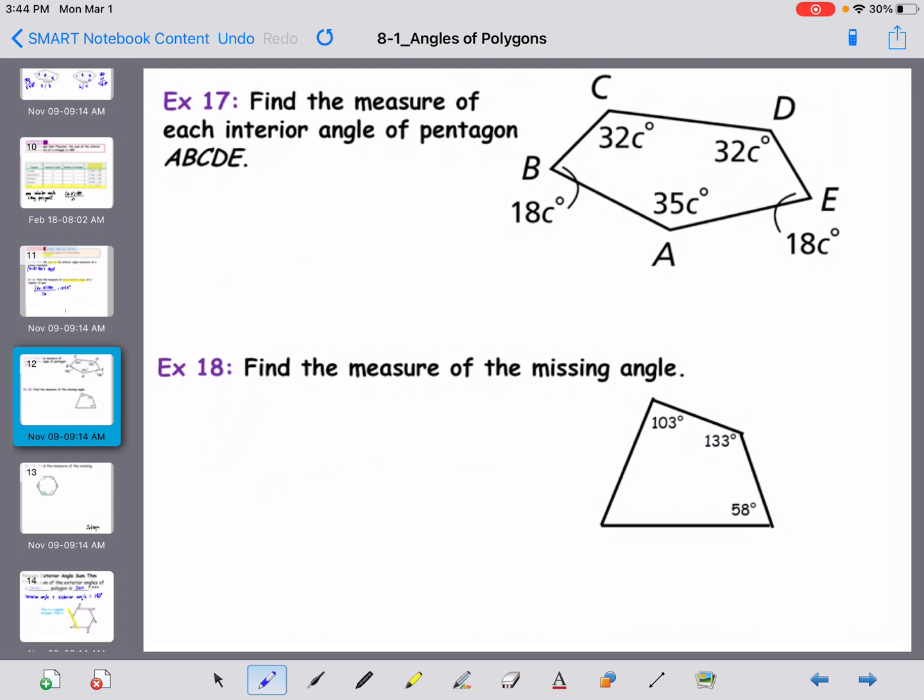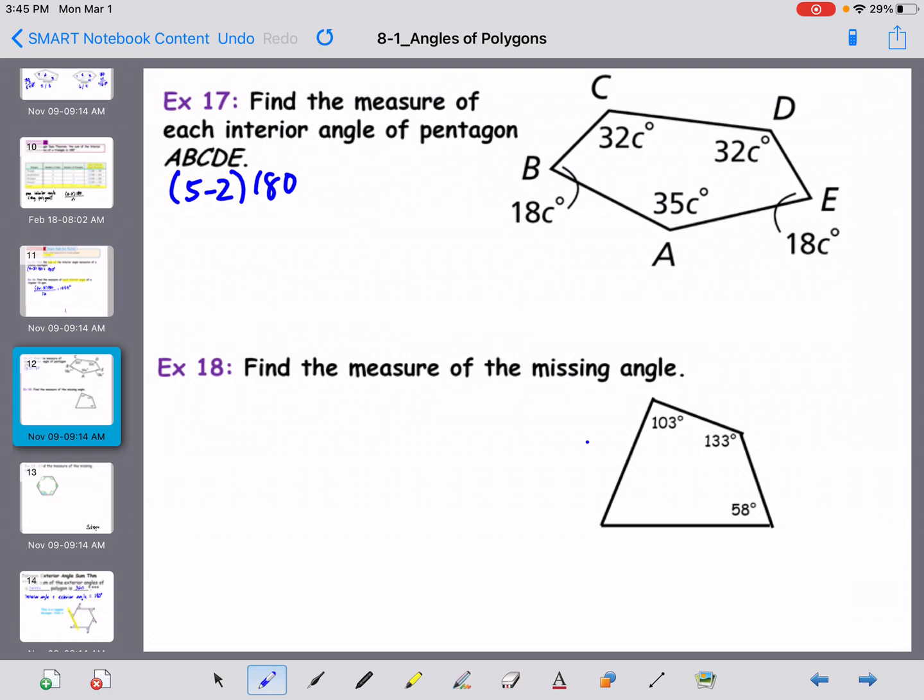All right, example 17 says to find the measure of each interior angle of a pentagon. So I got some sides here, some angles that are the same, and I've got some that are different. Now, what would all of the angles total anyway in a pentagon? I don't know. I could use my formula.